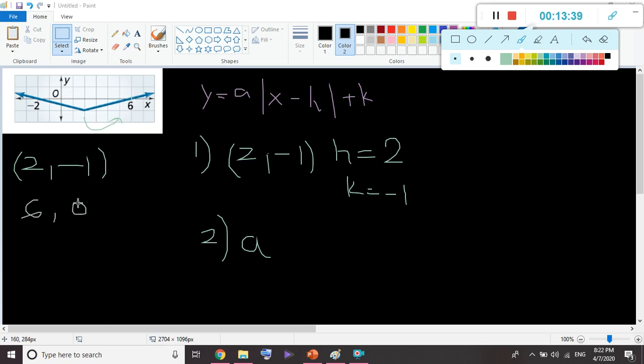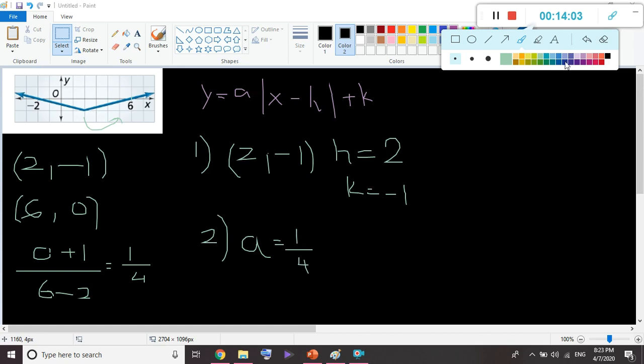So let's find the slope. It's going to be 0 minus -1, which is +1, over 6 minus 2, which is 1 over 4. So A equals 1 over 4.